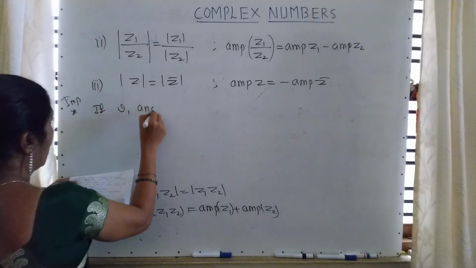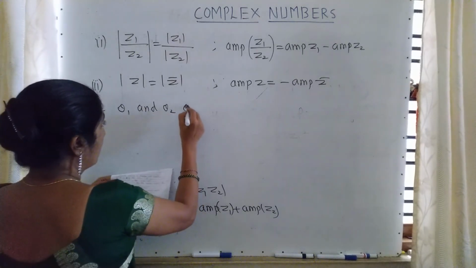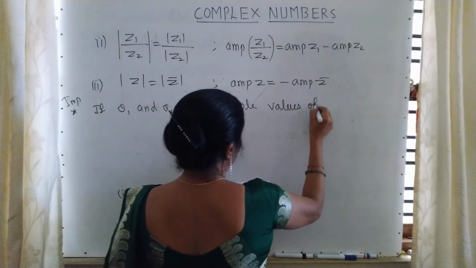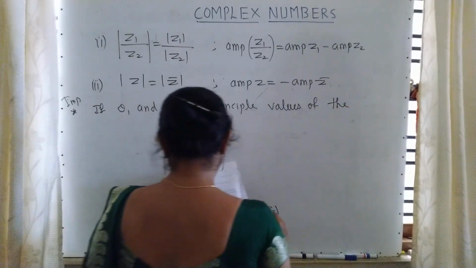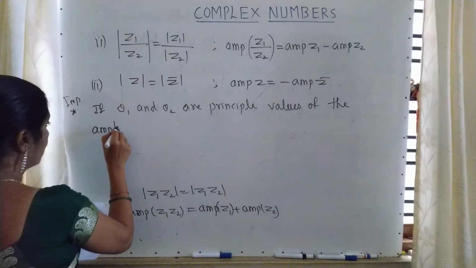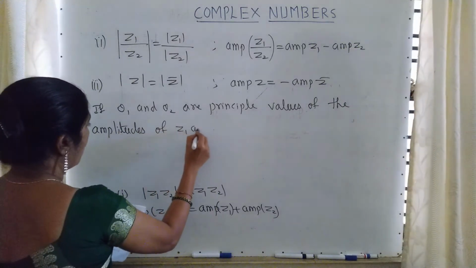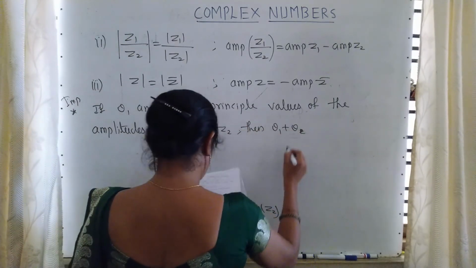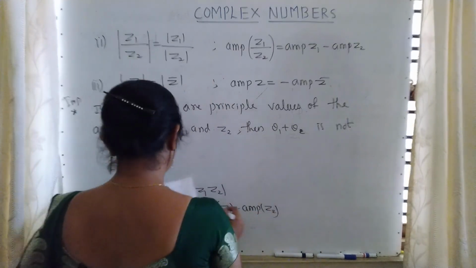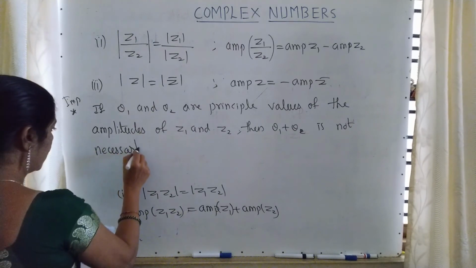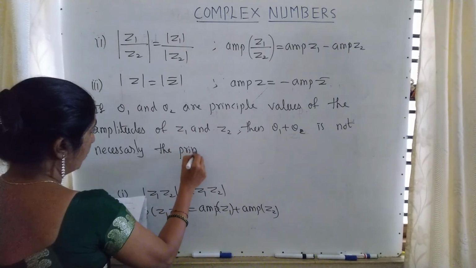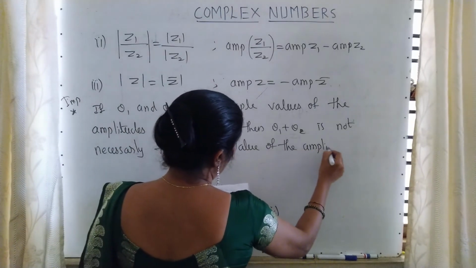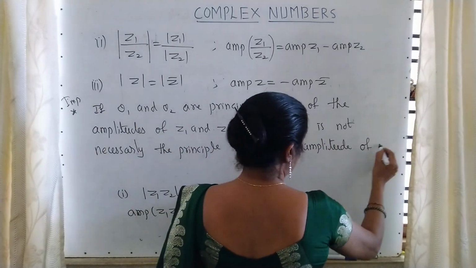If theta 1 and theta 2 are principal values of the amplitudes of z1 and z2, then theta 1 plus theta 2 is not necessarily the principal value of the amplitude of z1 into z2.